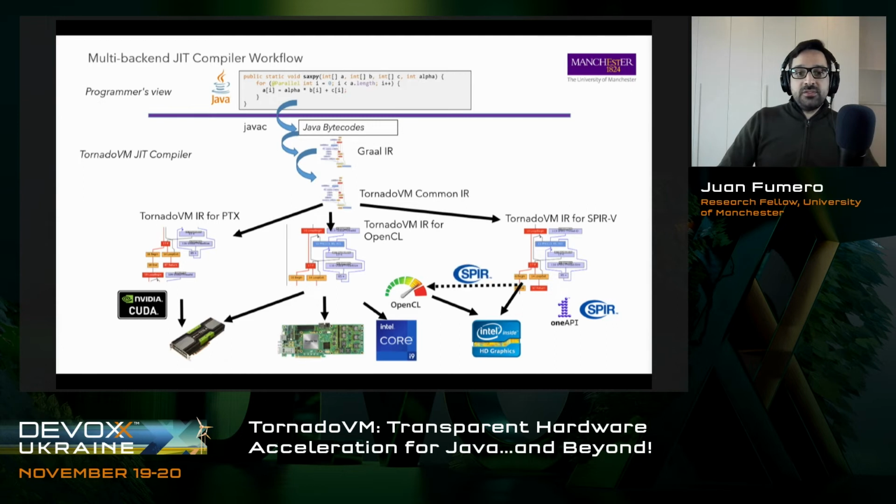Right, so let me focus on one of those. One thing I want to mention is that with TornadoVM, if you choose the SPV backend, ideally this SPV can also be consumed by OpenCL.